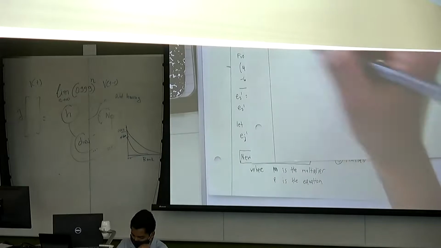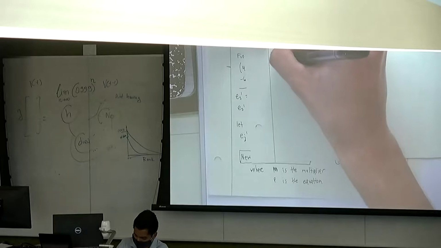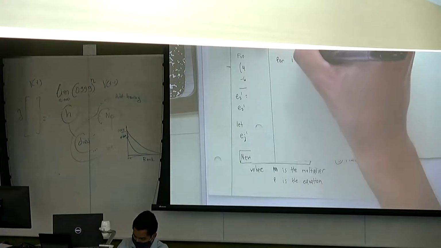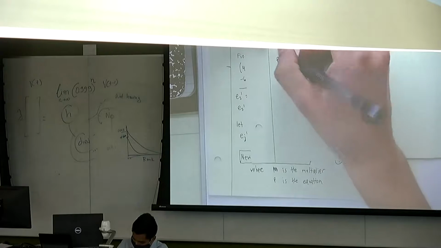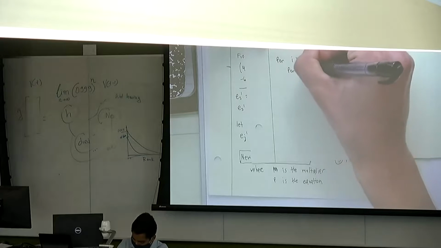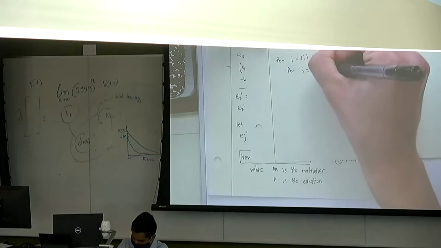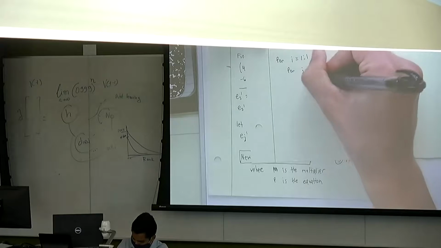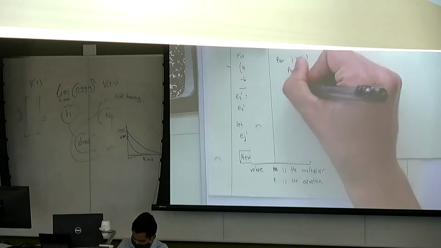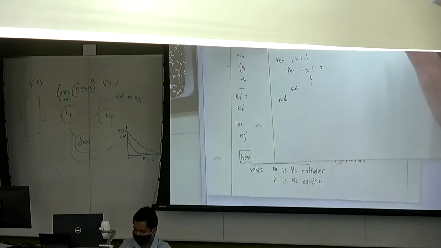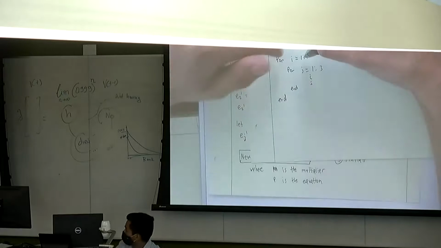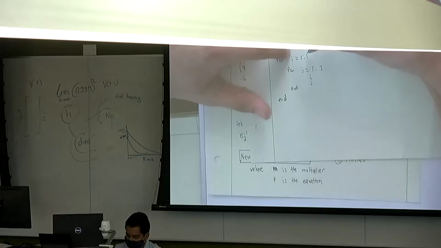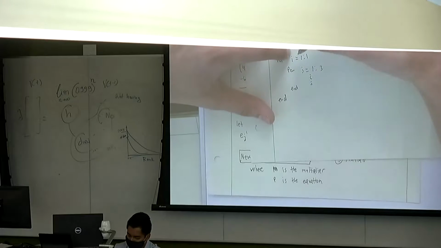No, let's just do it manually. So for I equals 1 to 1, for J equals 1 to 3, output I, output J, and end. So let's start. Everyone watch. No coding. Everyone either think about it or watch.